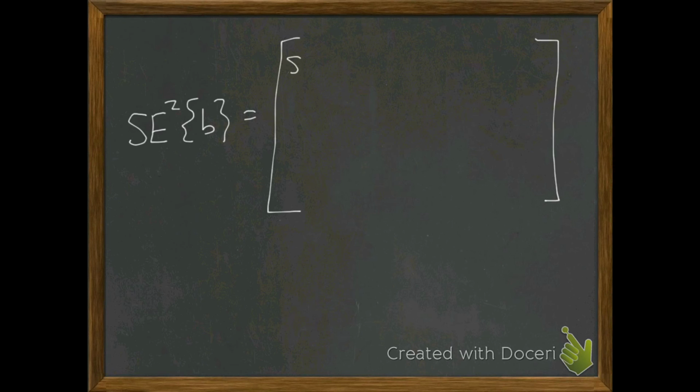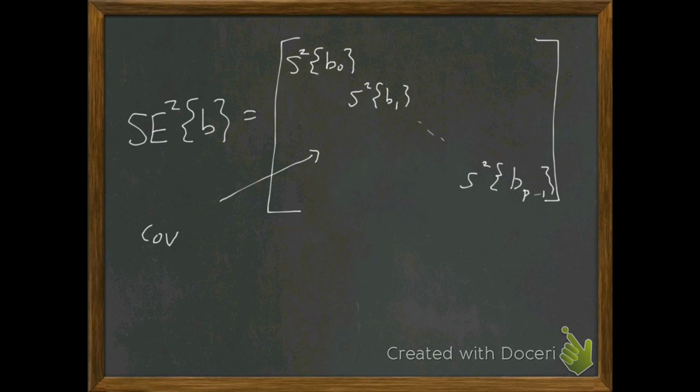So we'll get our standard error squared on the diagonal for b0. We'll get our standard error squared for b1. And we'll get our standard error squared for our b sub p minus 1. Now what happens here is we get our covariances. We'll actually get the covariance, not the covariance squared, of b sub i, b sub j, where obviously i is not equal to j.